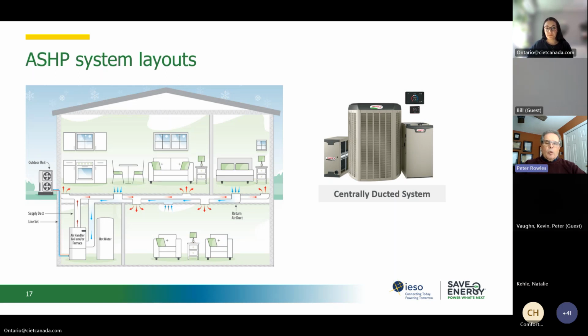The air handler distributes the conditioned air to and from conditioned space through ducting. In this case, it's not properly depicted, but typically there are cold air returns on all levels, and they could be at floor level or ceiling level or mounted in the walls.